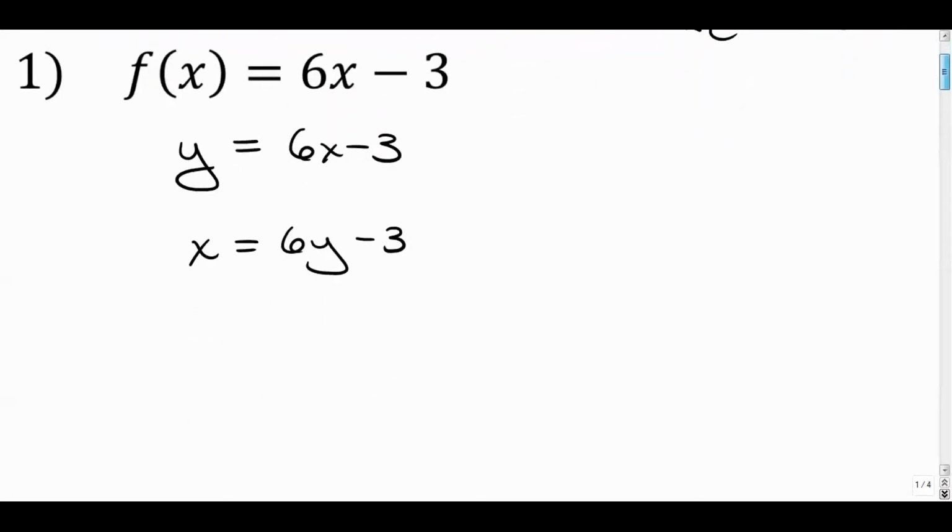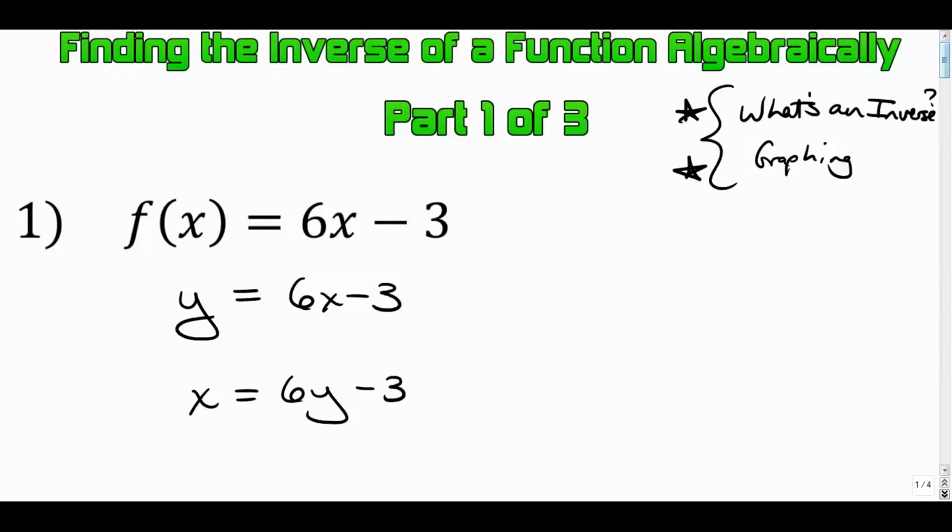We're always switching x and y. And then from here, we're going to solve for y. So maybe we write these steps down here. Switch x and y and solve for y. Those are the two steps really to finding the inverse.